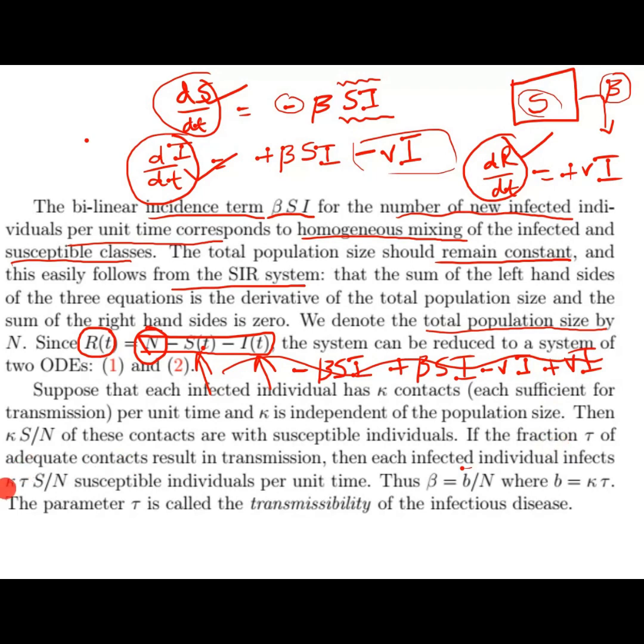So we go to the contacts and take a fraction which is actually adequate for transmission to take place. Then, in other words, each infected individual infects this many people per unit time. It's very, very important to understand that we have got a fraction of a fraction.